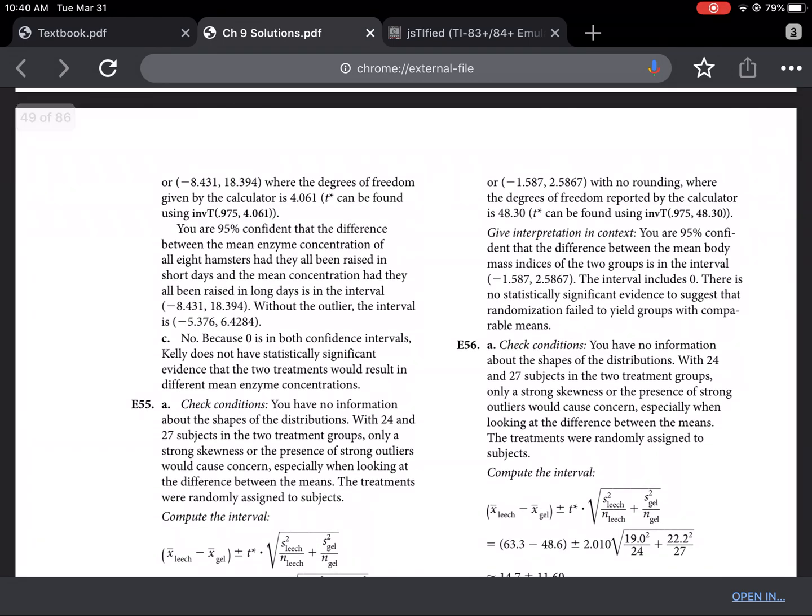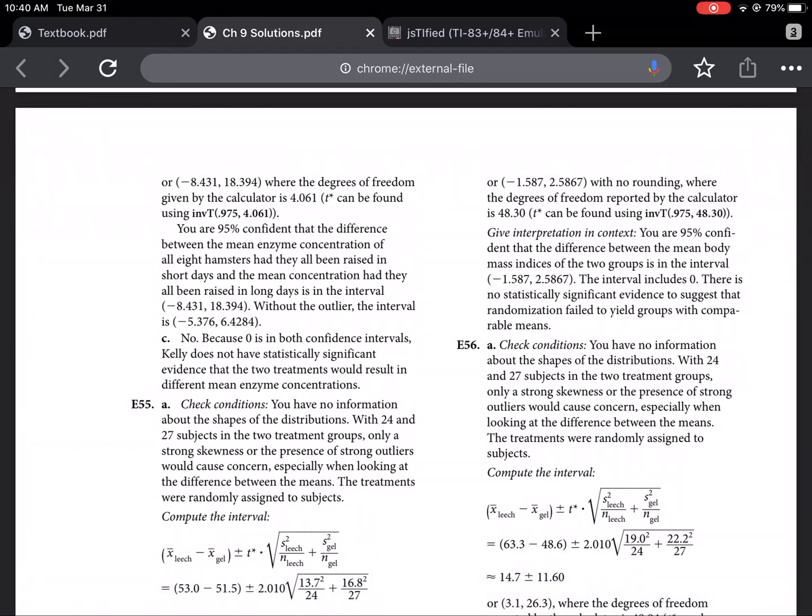And then for this one, top right side column, you're 95% confident that the difference between the mean body mass indices of the two groups is in the interval of negative 1.587 to positive 2.867, again, including the number 0, telling us that they did a good job of randomization.